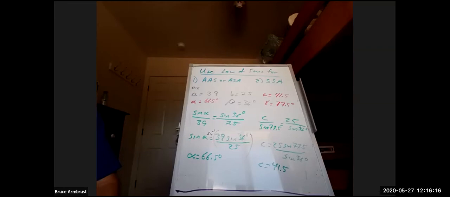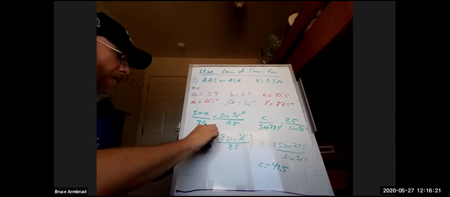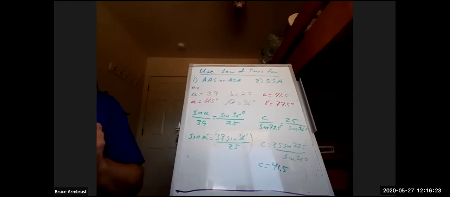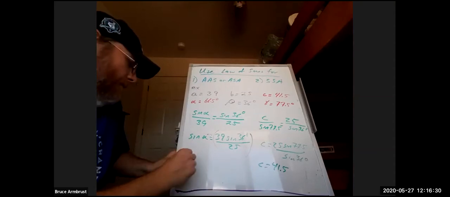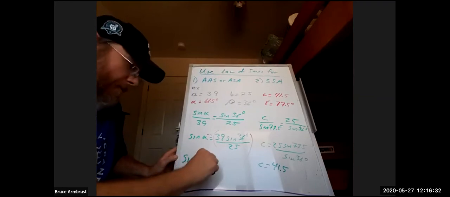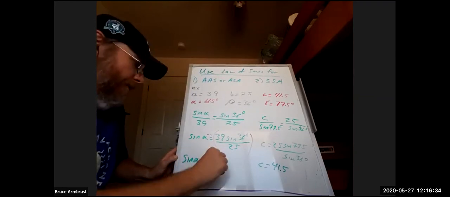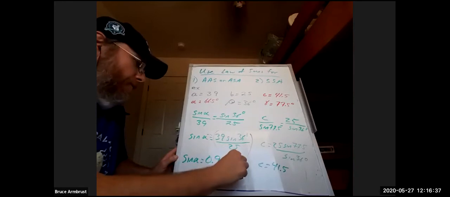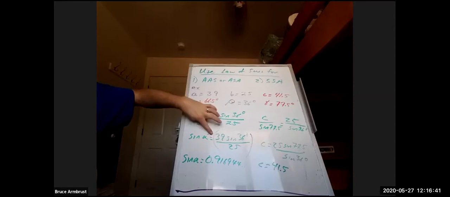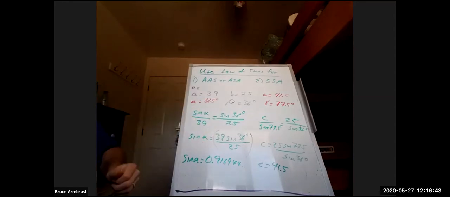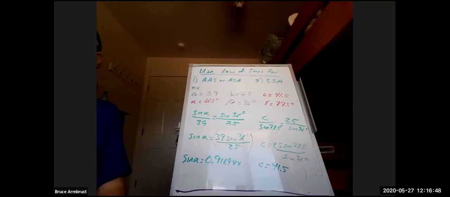Let me just write, this is the same then as having sine of alpha equals .916944 and so on. That's what this number gave me. And then I just do inverse sine. Okay, cool. Glad we cleared up that confusion.